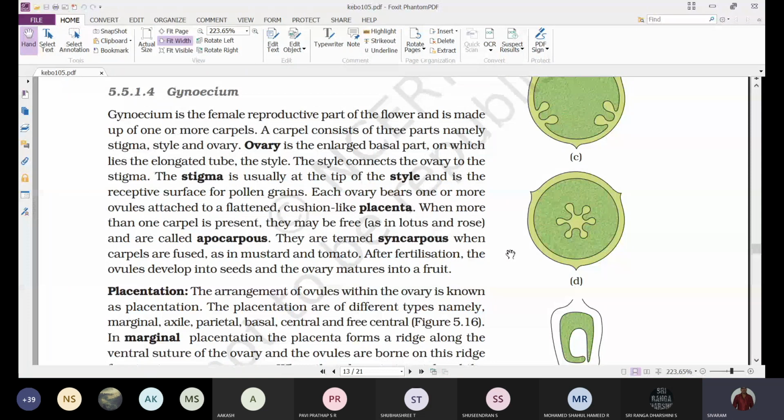All the carpels in a flower together we call the gynoecium. A carpel consists of three parts, namely stigma, style, and ovary. These are the three major parts of the carpel.